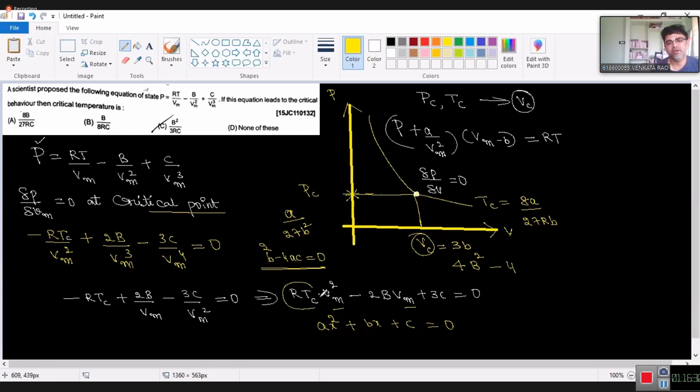So what is the A value here? RTc. 4 RTc into 3C is equal to 0.